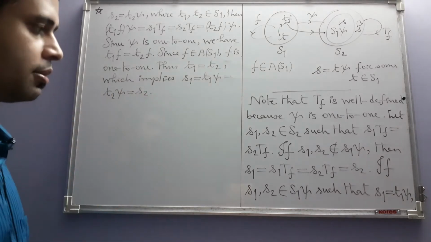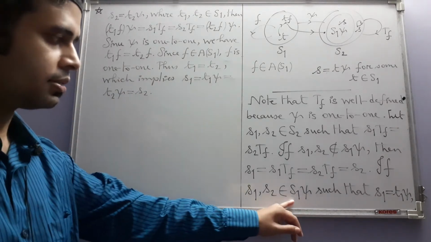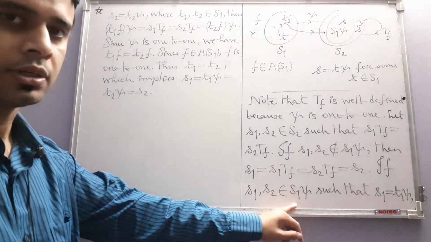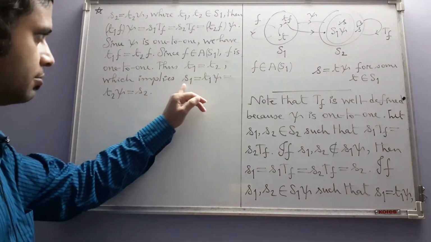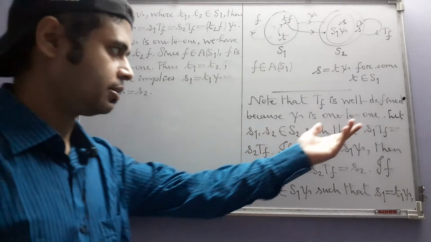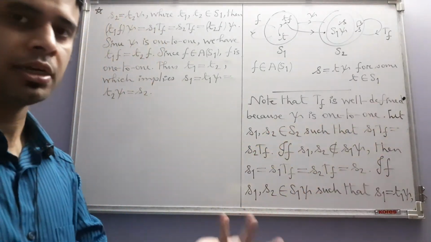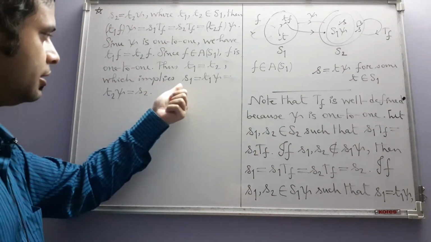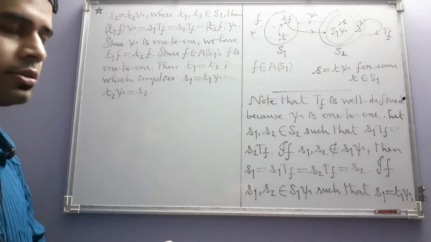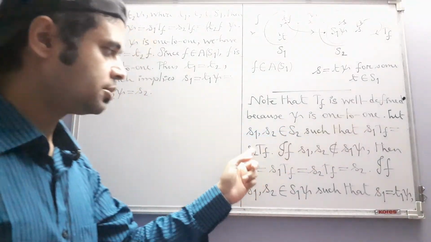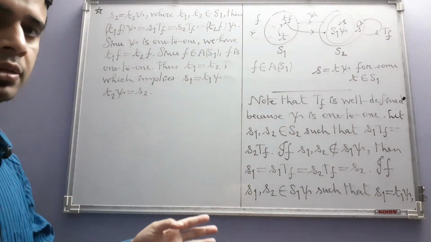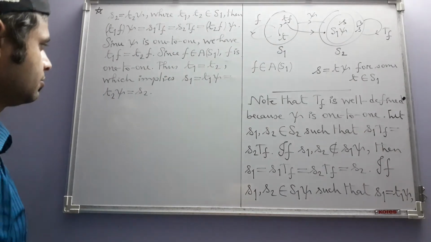So in this case also, if both S1 and S2 belong to the psi image of S1 such that their TF images are equal, then they must be equal. Here also, outputs being equal implies that the inputs are also equal.